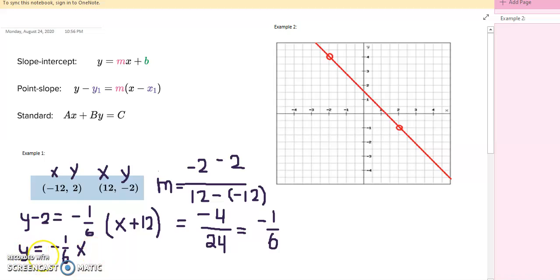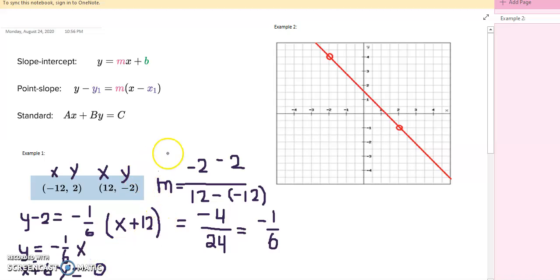So here's our equation, y is equal to -1/6x, and then the last equation is that we're going to add the x to the other side, and then because it's a fraction, remember, for standard form, you can't have fractions, so I am going to multiply everything by 6, and so my standard form will be x plus 6y is equal to 0.